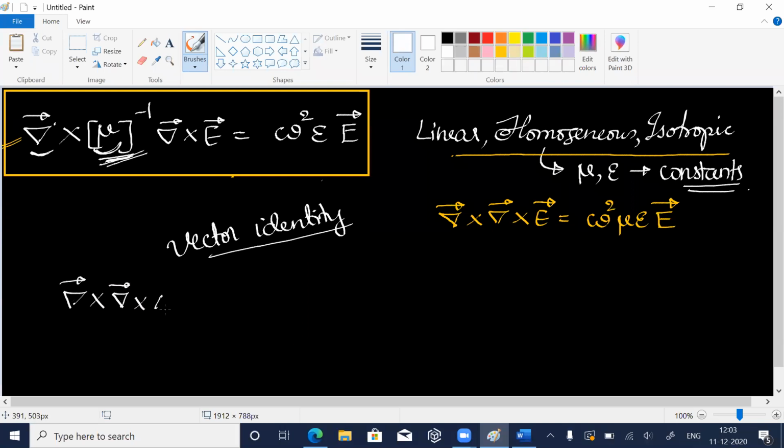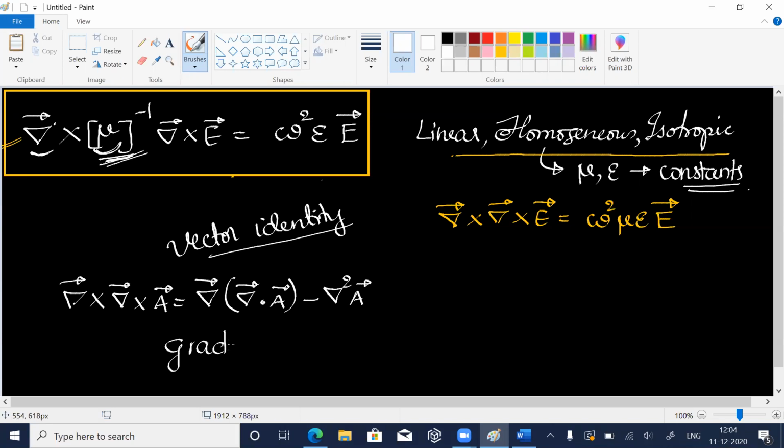curl of any vector you take is what? Gradient of divergence of that vector minus Laplacian of the vector. So the Laplacian operator is possible both on a vector as well as a scalar. So generally, the curl of curl of A is gradient of divergence of A minus Laplacian A. How do you remember this?